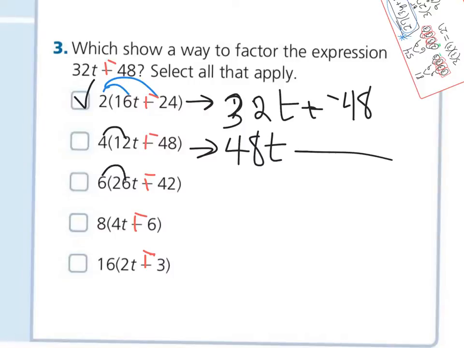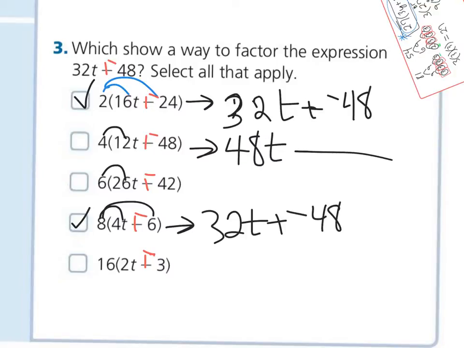The next one, 6 times 26, is that going to be 48? No, that would be quite a bit more than that, so that doesn't work. 8 times 4, okay, so that's 32t, and then 8 times 6, 48. So 32t plus negative 48, so that one works. And the last one, 16 times 2, oh, that looks backwards of our first one.